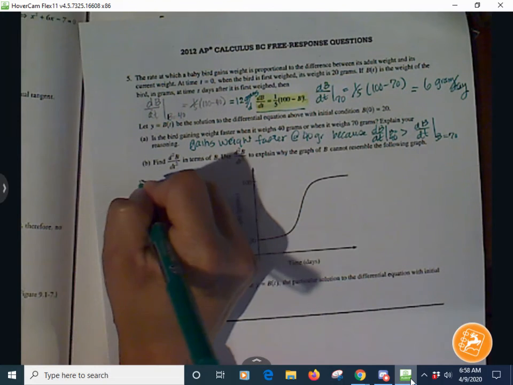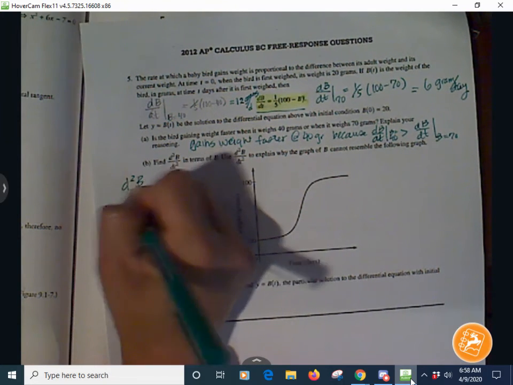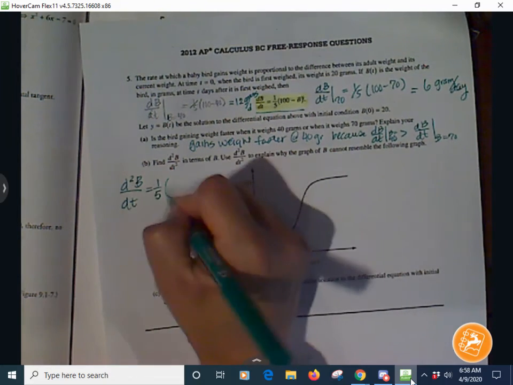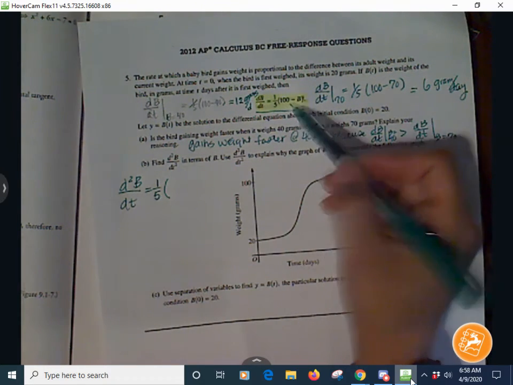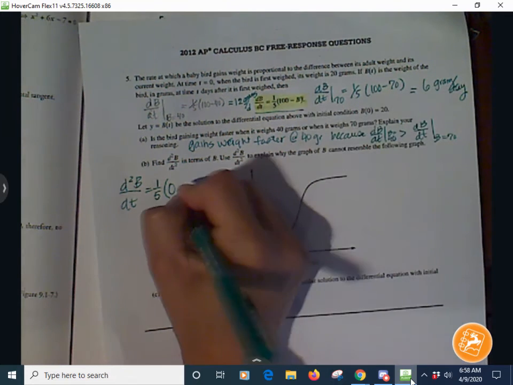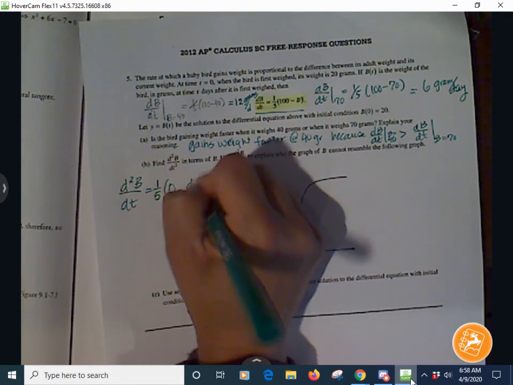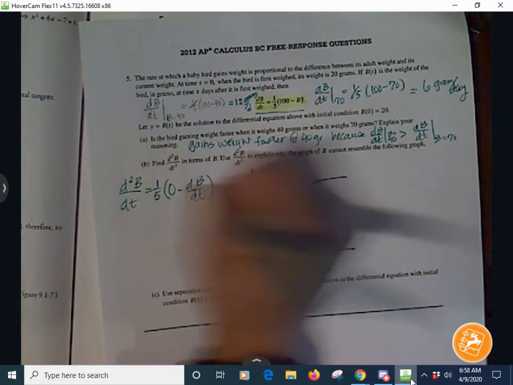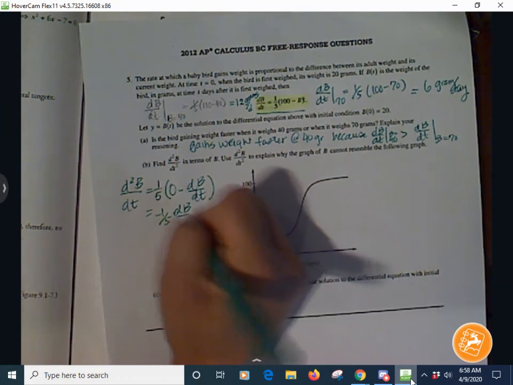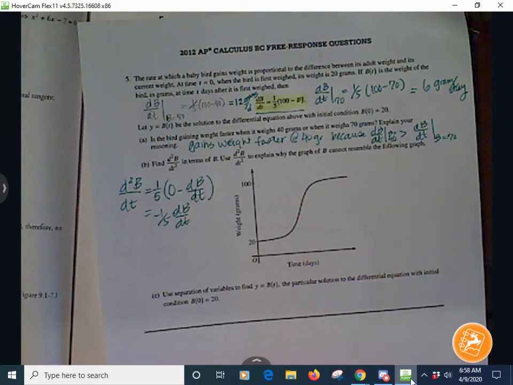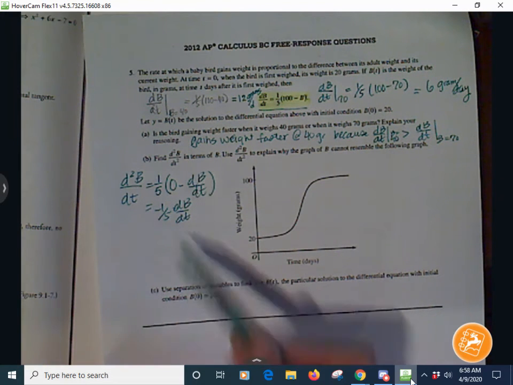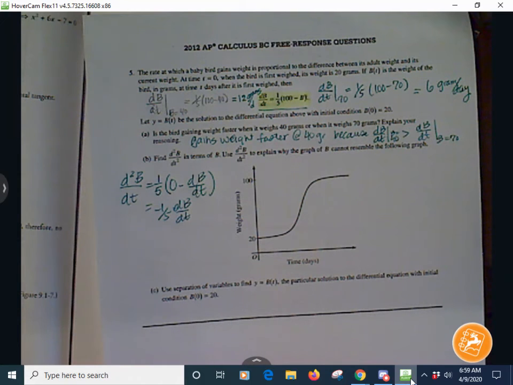So I'm going to hold on to the 1/5. And now the derivative of 100 is 0. And then the derivative of B with respect to t is going to be negative 1 dB/dt. Like so. Which means that this is negative 1/5 dB/dt. Now, this would be an okay answer, except they said they want your answer in terms of B. And that is not in terms of B. That is in terms of dB/dt.